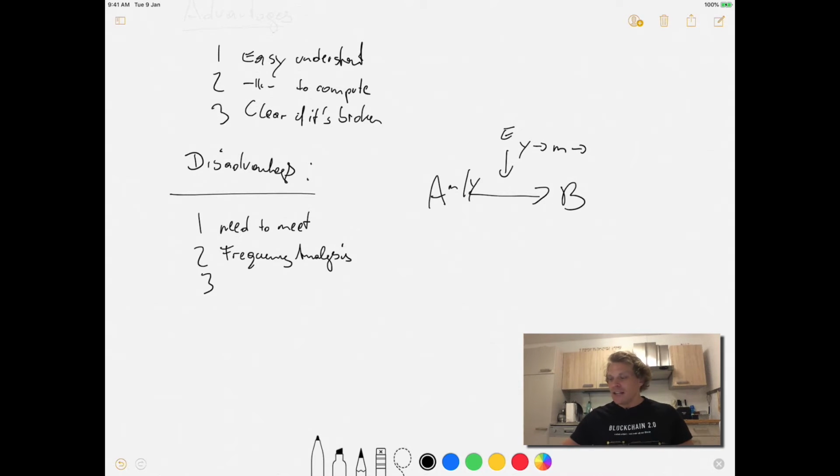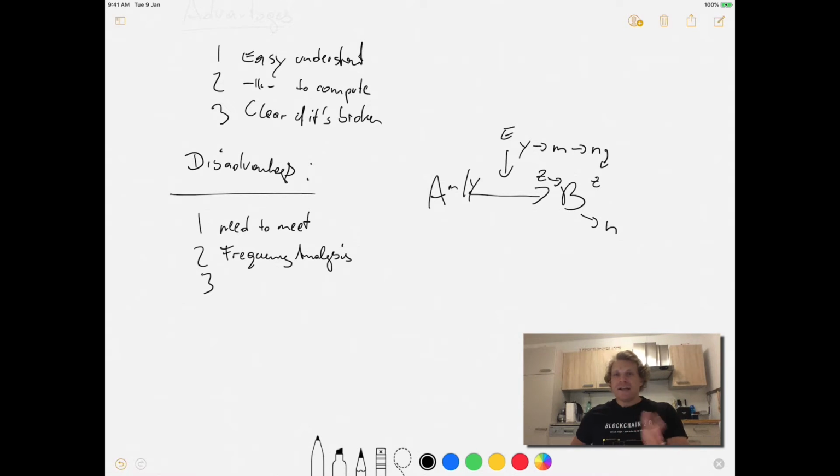And let's change the message into N. And now N goes into, give it a different letter, let's say Z. Z arrives at Bob, and Bob decrypts that message, but he doesn't get the original message that Alice sent. Bob gets N.